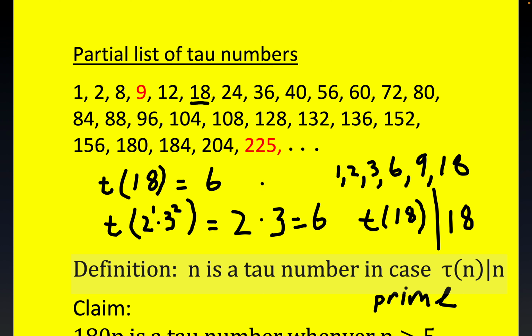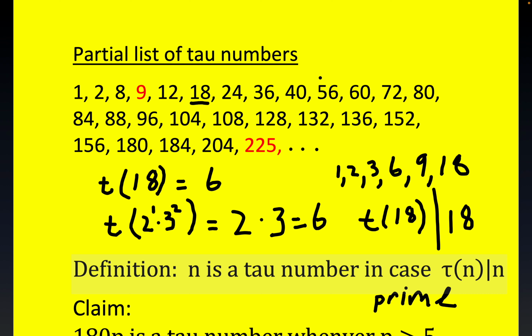And it turns out there's a fairly easy result to prove that says that if n is an odd tau number, then n is also an odd perfect square, but the converse isn't true.